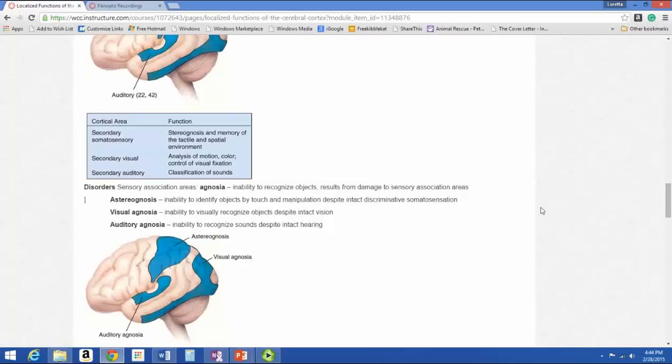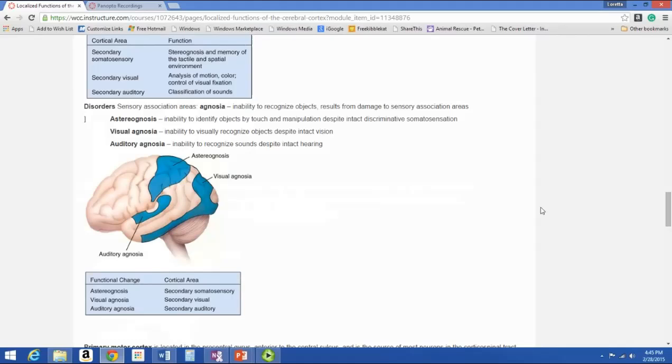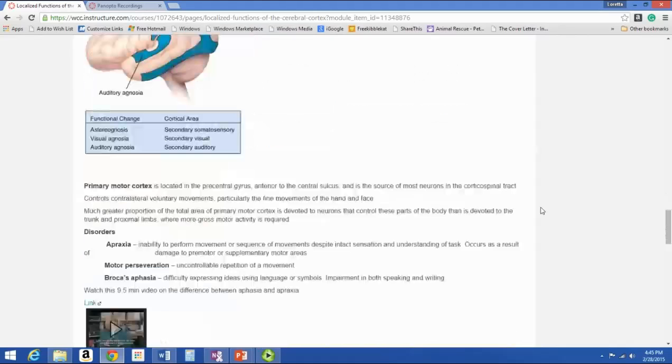This damage to the sensory association areas means you can't identify it. So astereognosis is the inability to identify objects by touch and manipulation despite intact discriminative somatosensation. Visual agnosia is the inability to visually recognize objects despite intact vision. And auditory agnosia is the inability to recognize sounds despite intact hearing. Okay?